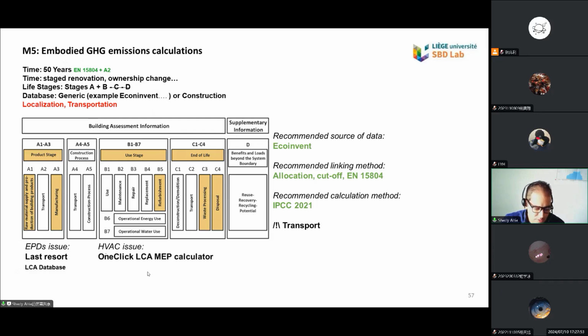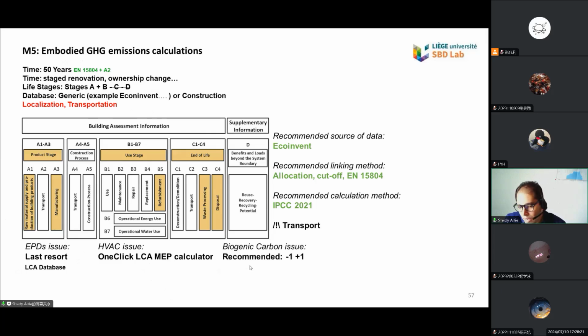And when it comes to HVAC systems, we also need to quantify all the ducts, all the systems or the equipment, the machines, the heater, the boilers, the gas boilers, the chillers, and so on. And we can use, for example, One Click LCA, MEP, or just mathematical equations to multiply the quantities of materials for our HVAC system, including the ducting, by the emissions expected.